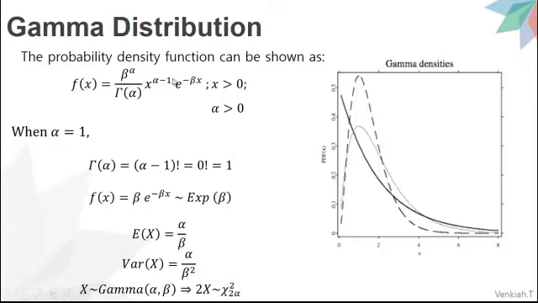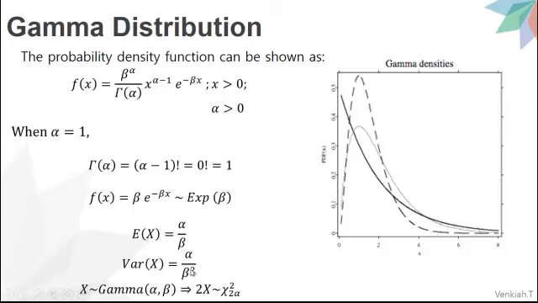And x power 0 becomes 1. You're left with beta power 1 times exponential of minus beta x, which is the exponential distribution with parameter beta. The expectation of x for a gamma distribution is given by alpha over beta, and the variance is alpha over beta square.